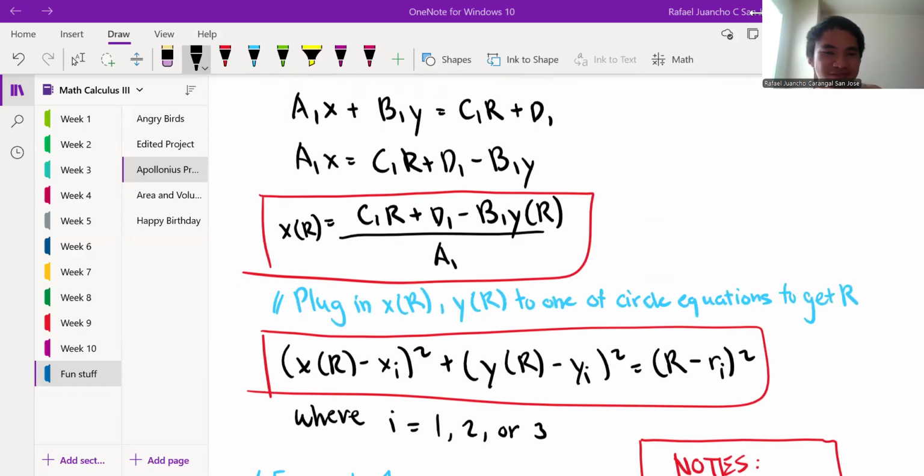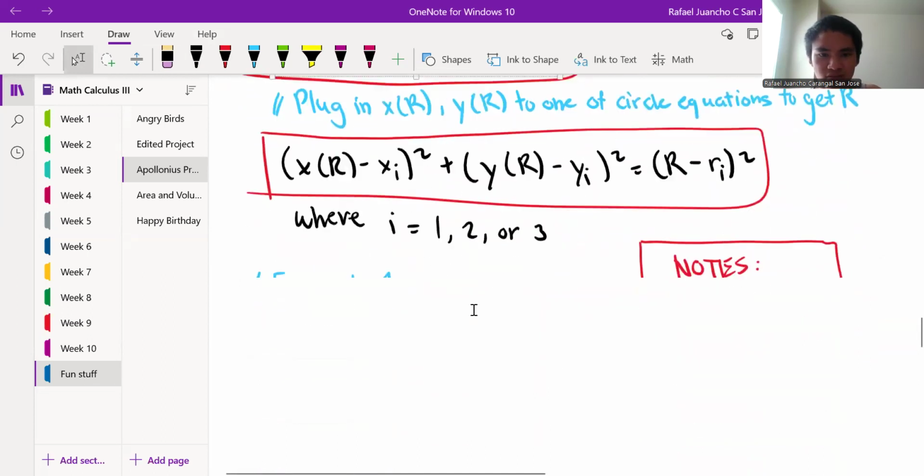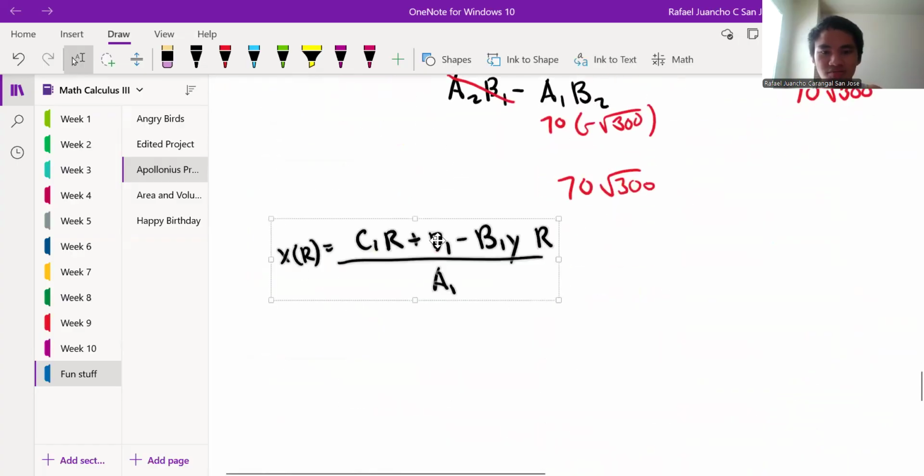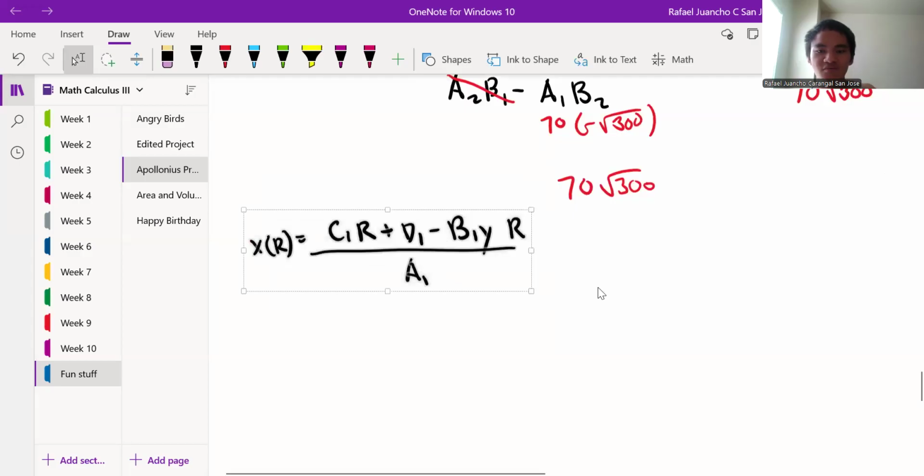Okay, let's see. So here's my x of r. I got them all as functions of r. This one's a function of r. Oh, great. Now I can't go to my notes. That's funny.